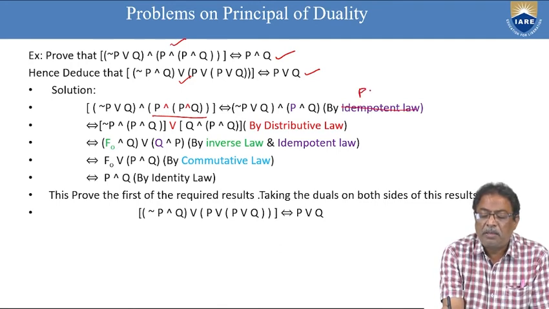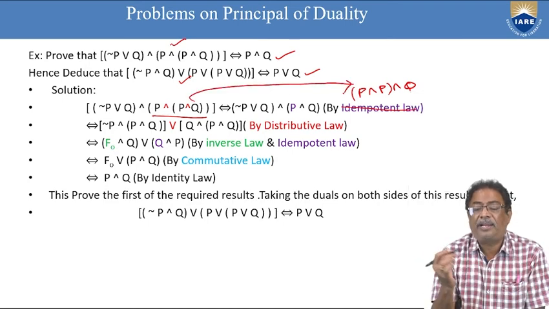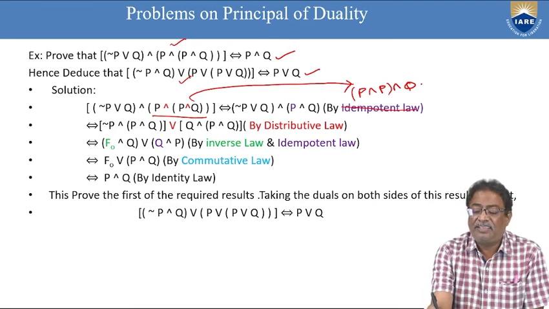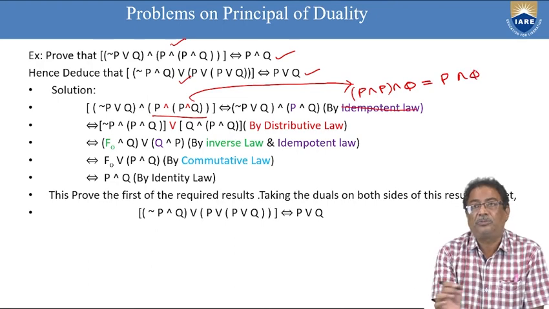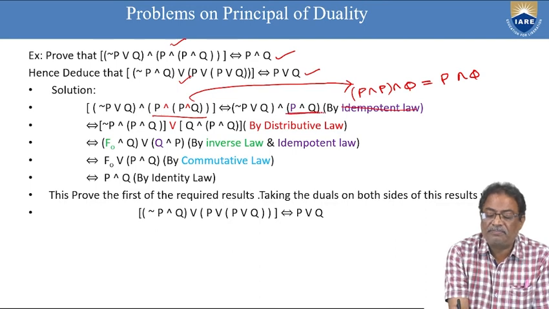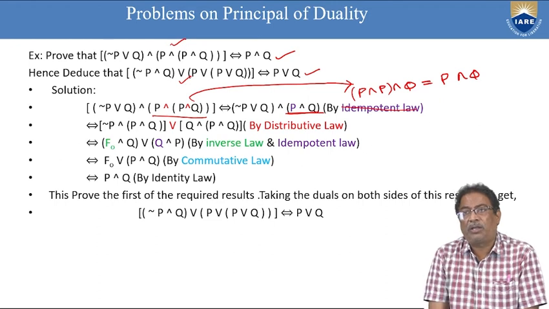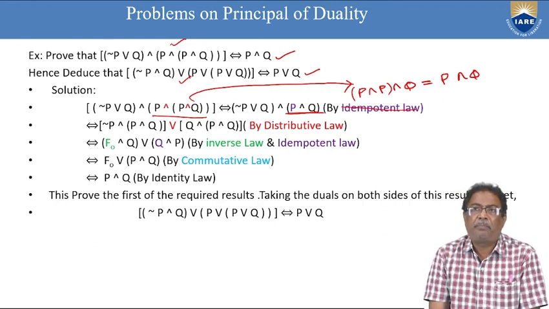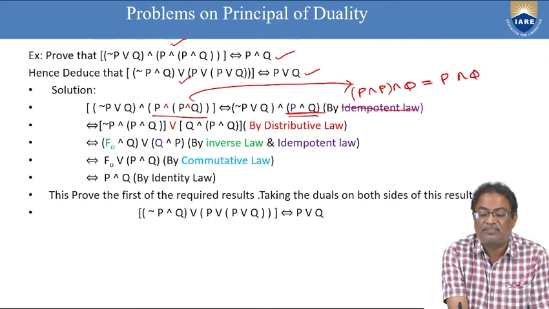So here by applying associative law, then I am going to rewrite this one like this. And this once again, P and P will become P and Q. So that is the way that we are going to get this. Applying associative law, and then P and P is equal to P. Apply both laws, then this is reduced to this.